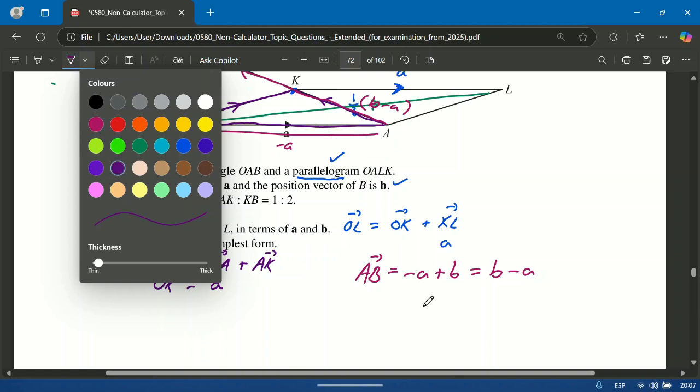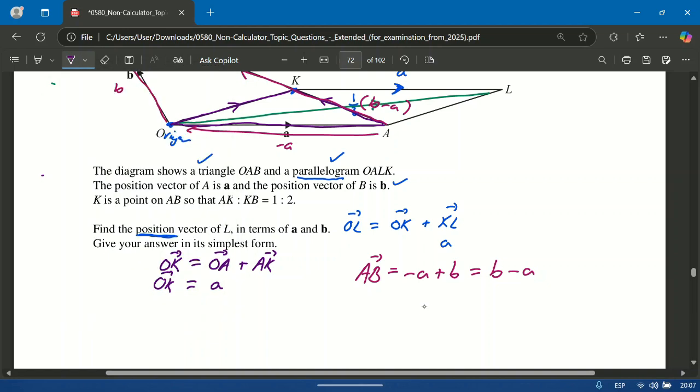Good news. Going back to the purple, AK would be 1/3 of B minus A. Let's simplify that. Expand the brackets. 1/3 times B is 1/3 B. And 1/3 times minus A is minus 1/3 A. Let's squeeze this together.